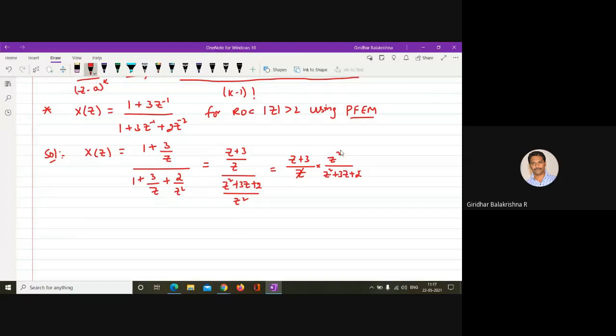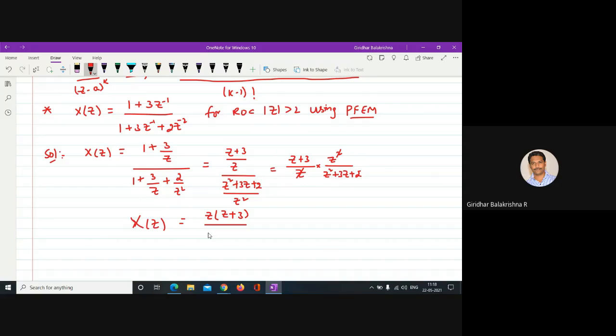So one z cancels. So finally you will get X of z equal to z square plus 3z divided by... z into z plus 3 by z square plus 3z plus 2. So to apply partial fractions, the denominator should be in terms of poles.